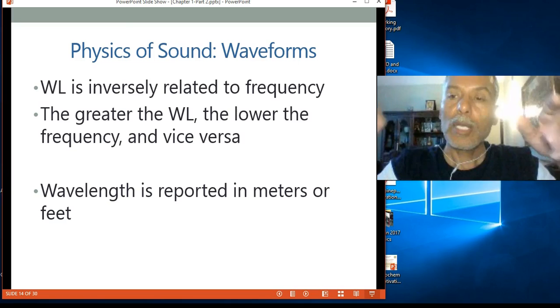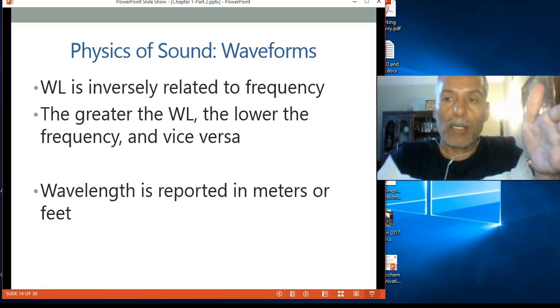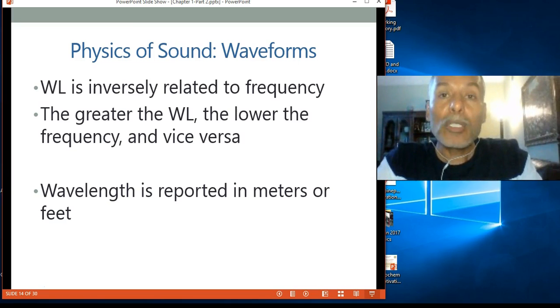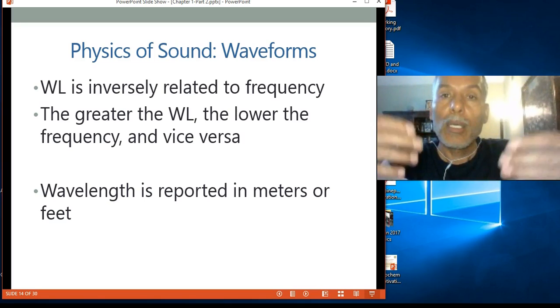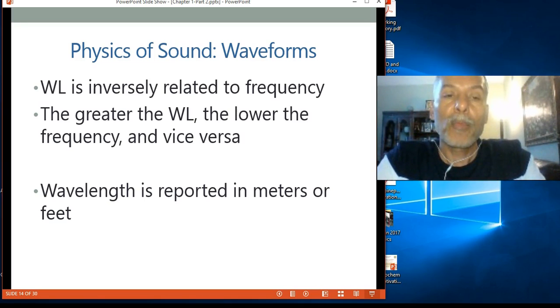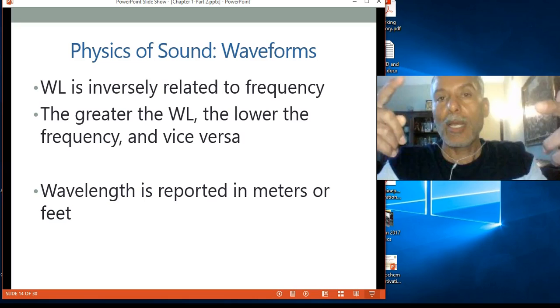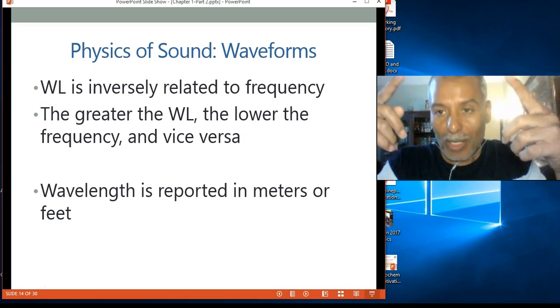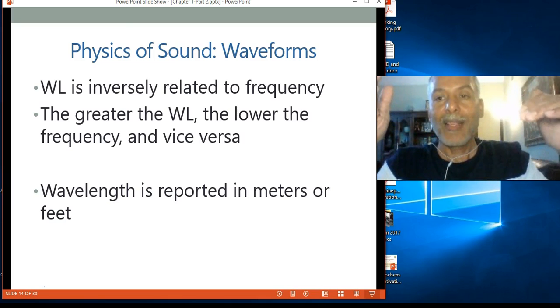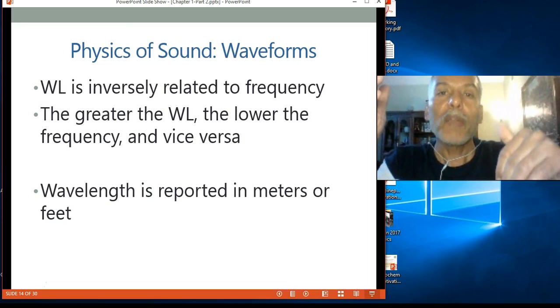In other words, the greater the distance that the wave covers, the more time you need to do the traveling. And the greater the frequency, then what happens to the wavelength? The greater the number of vibrations in one second, the smaller the wavelength.